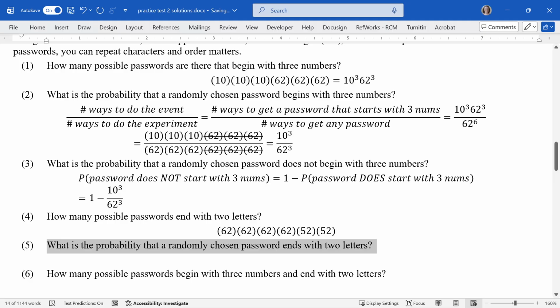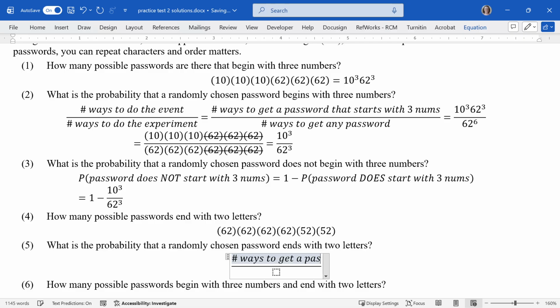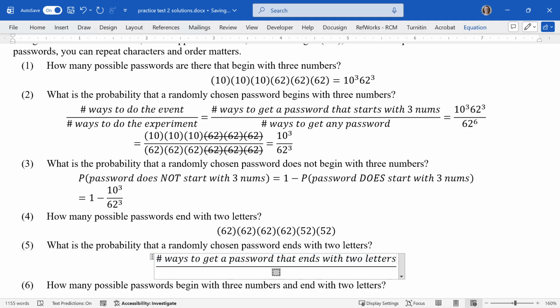Now, what is the probability that a randomly chosen password ends with 2 letters? So the same way that we did up here, to make this into a probability, we're going to put the number of ways to get a password that ends with 2 letters. So that is the event. So the number of outcomes that belong to the event go on top. And then the number of ways to do the experiment in general.